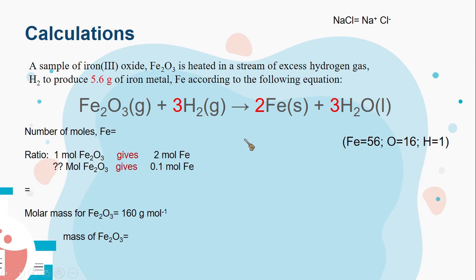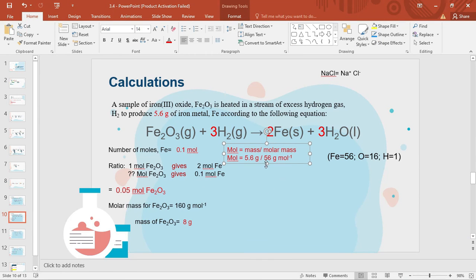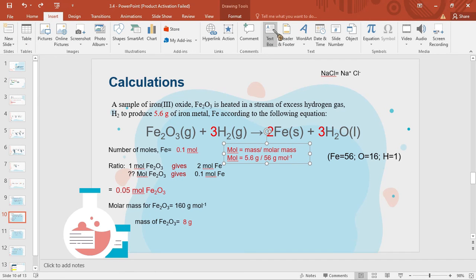Then from the 0.1 mole, how did teacher get 0.05 mole iron(III) oxide? Now we see the process slowly.